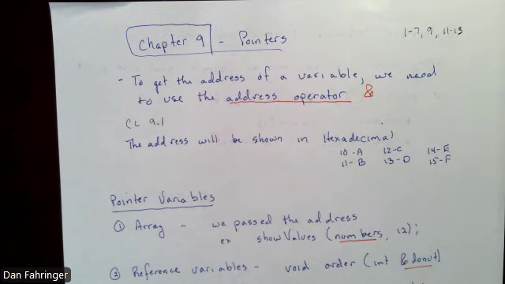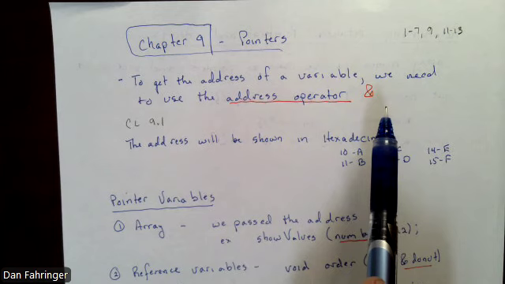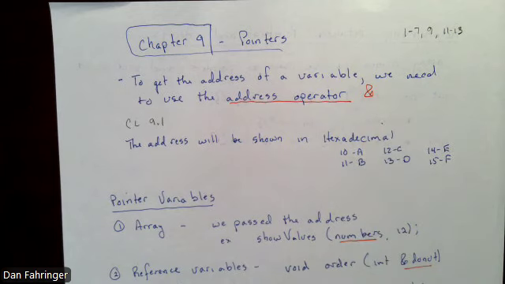So, what's a pointer? We've kind of worked with pointers already, but now we're going to delve into really taking advantage of a pointer. And a pointer uses this ampersand that we've used already. We've used it with our reference variables, right?